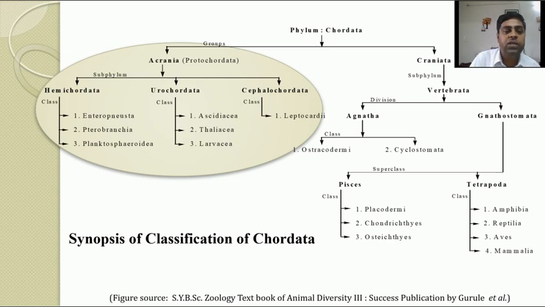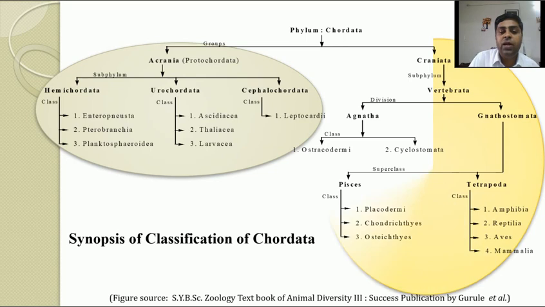The characteristic feature of this group is that they are not provided with cephalization, meaning the head part in the body of these organisms is completely absent, and hence they are referred to as acrania, and also as they are primitive chordates, they are also referred to as protochordata.